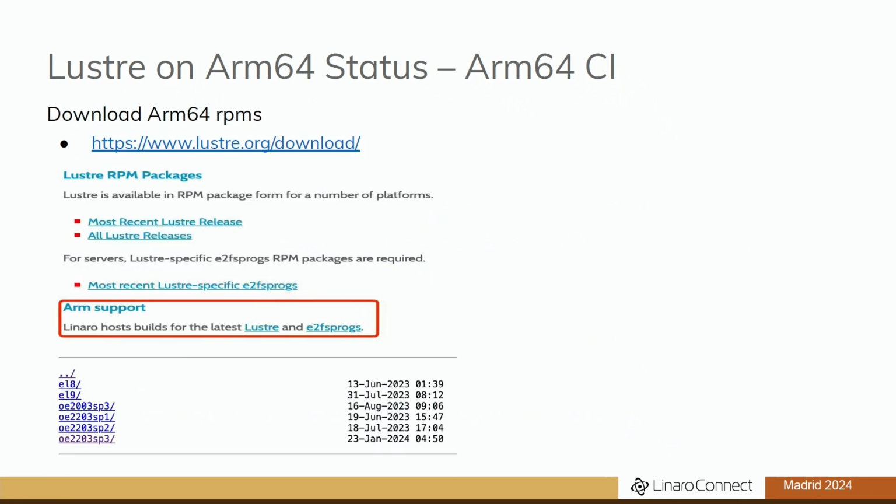And after testing Lustre, we want to share our binary to the community. So the user can go to this link and go down this Arm support path and download our verified or tested RPMs. These are the current build OS.